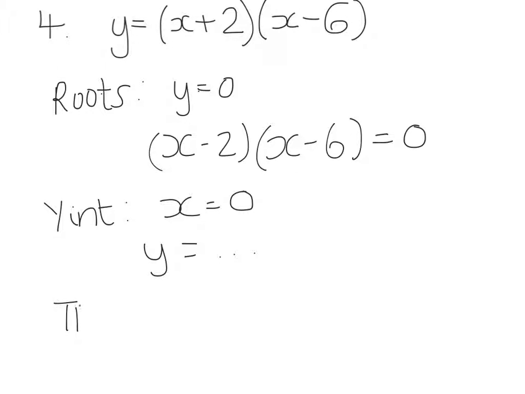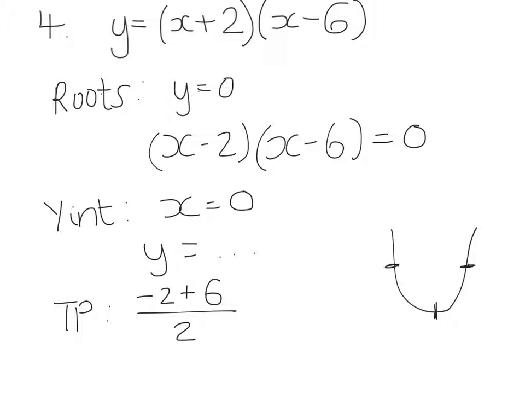And then your turning point, you need to find the midpoint between your two x coordinates. So where your roots are, if you've got a curve, imagine it crosses the x-axis there. Your turning point is right in between the two. So to find the midpoint, you're going to need to take the two coordinates of the roots, add them together, divide by 2.